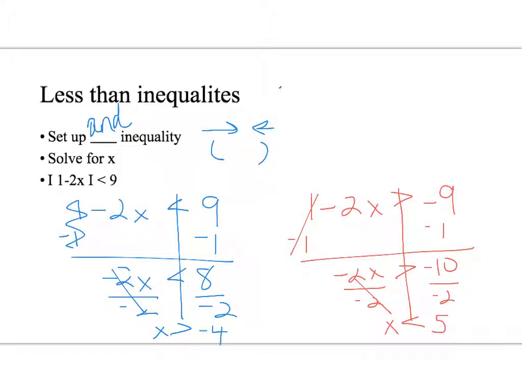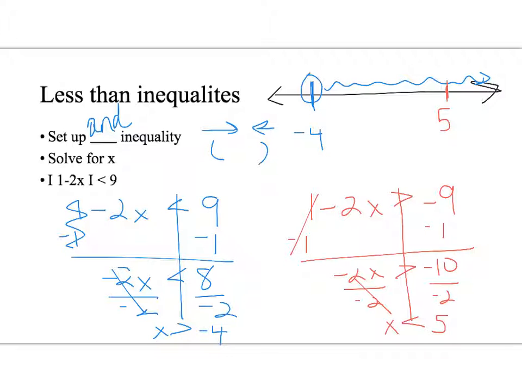So if you were to graph this on the number line, your negative 4 would be over here. It would be an open circle, and that arrow would be pointing to the right. Your 5 would be graphed over here. It would be an open circle, and this would be pointing to the left.